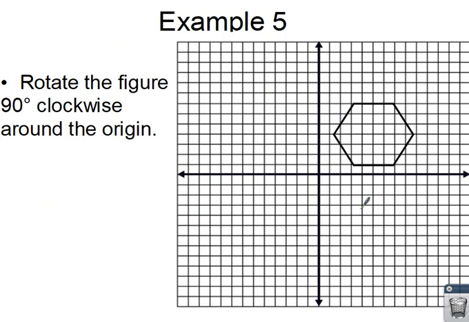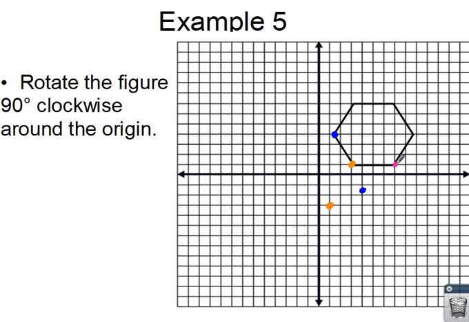Alright, so we're going to take this and we're going to rotate it 90 degrees clockwise. So it's going to rotate down into the 4th quadrant. See how this one's 1.5, 4? It goes 4, 1.5. Alright, that's that one. I'll color code all of these. This point right here is 3 over 1 up, so it goes 1, 3.